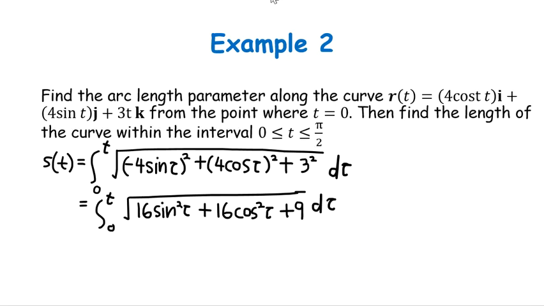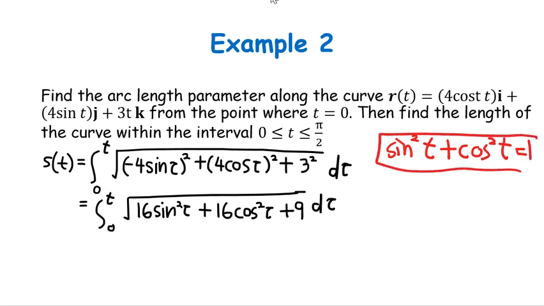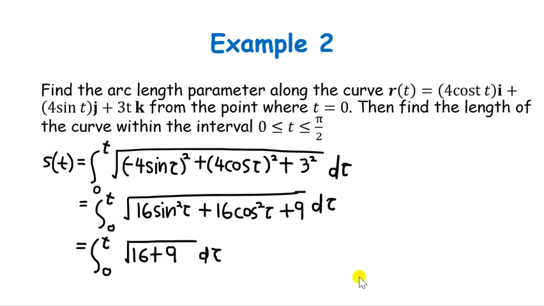Using the trigonometric identity sine squared t plus cos squared t equals 1, we plug this identity into the equation. We will get this one. Now it is much more simplified.